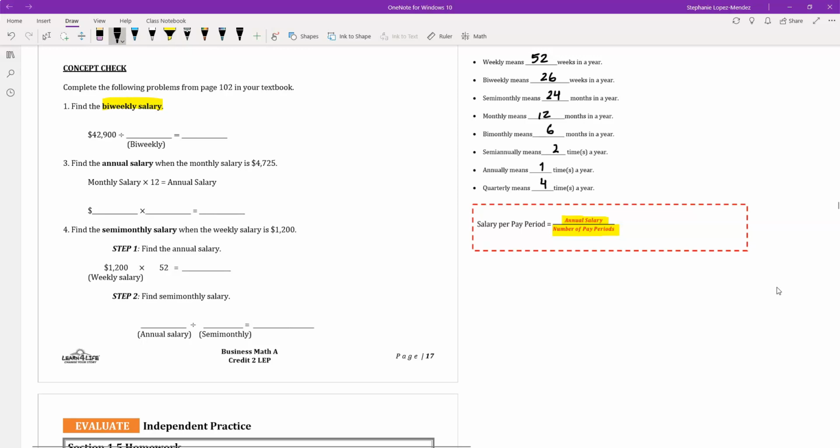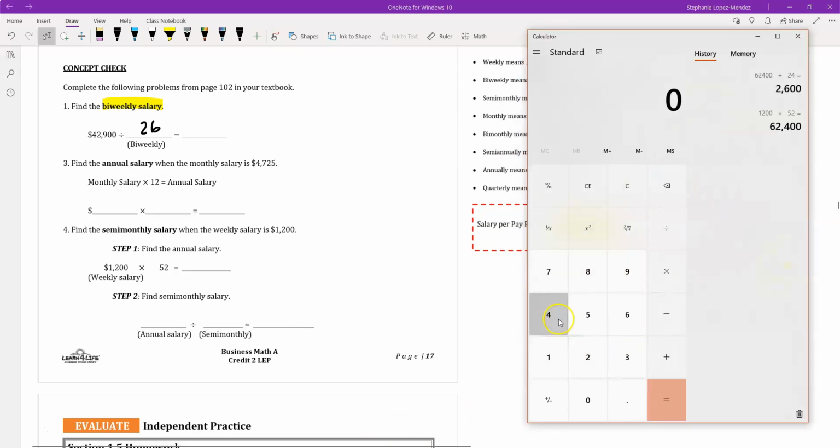So I know that my salary is $42,900. So if I get paid bi-weekly, that means that I get paid every 2 weeks. So according to my table, I will have to divide it by 26.